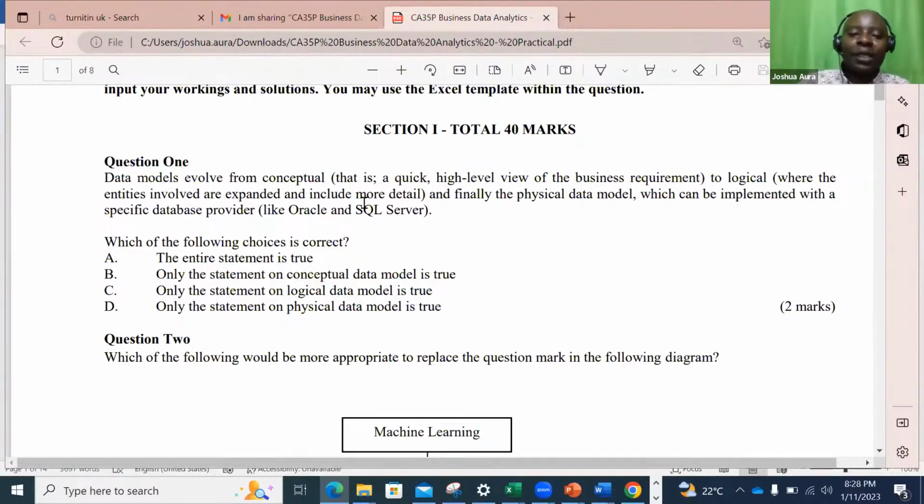Now, ladies and gentlemen, for those of you who have done some research, if you have done your PhD or your MBA and you are doing a thesis, of course, you know how it goes. We normally start with a concept paper. It could be a 2,000-word document.